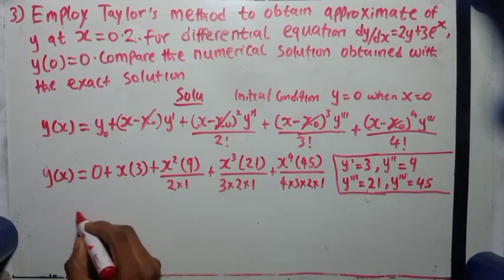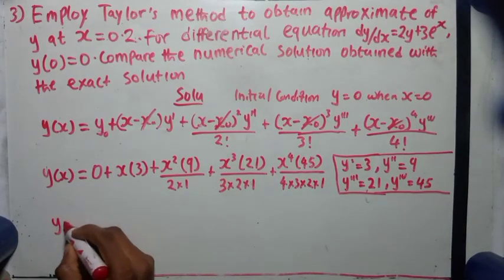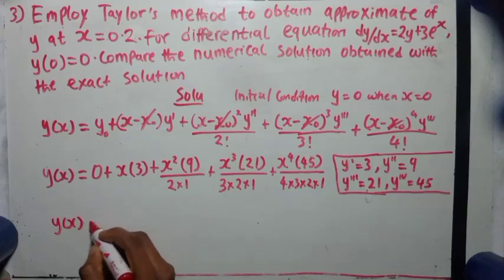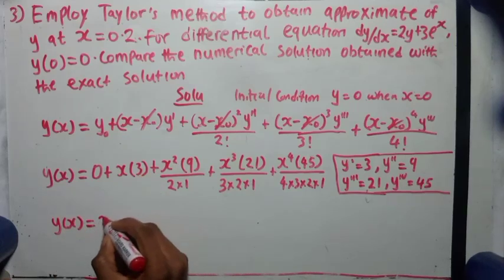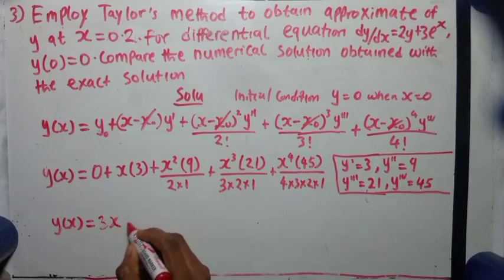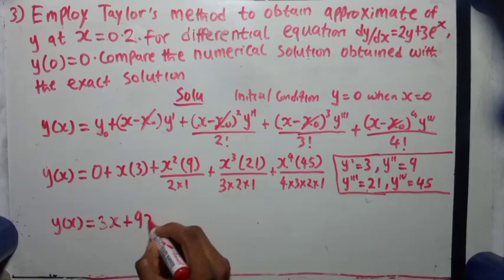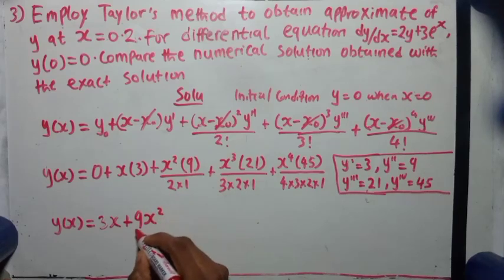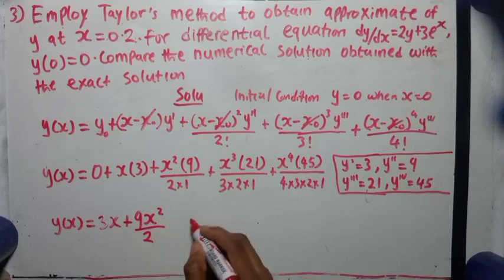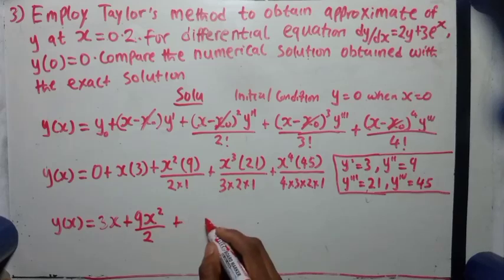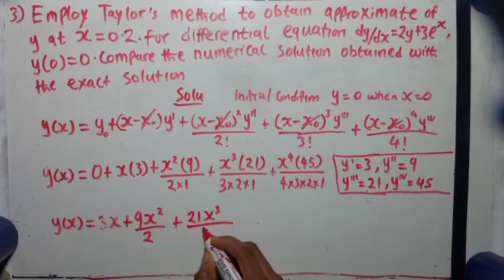Okay, now finally we have that our y of x can be written as 3x plus 9x squared over 2 plus 21x cubed over 6.